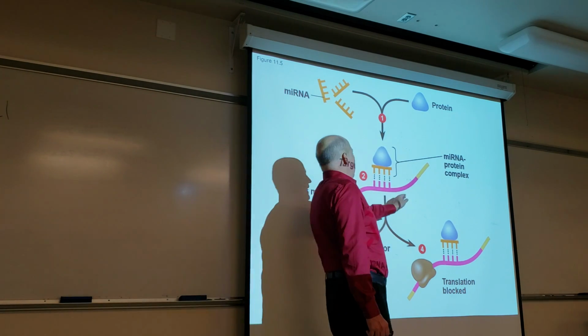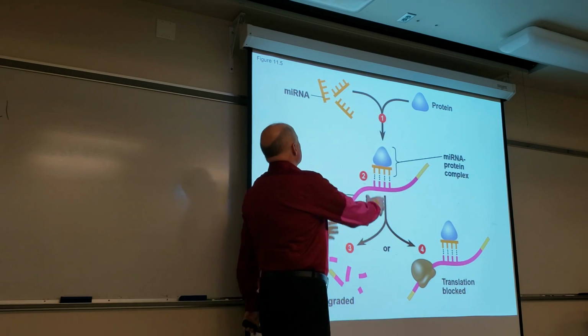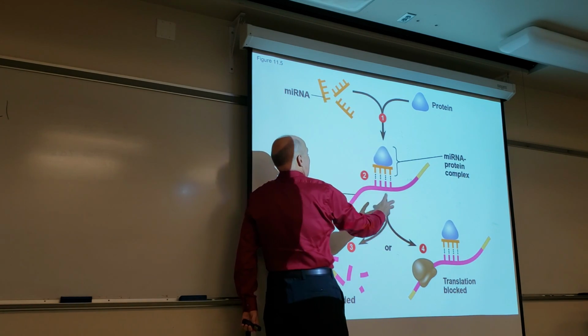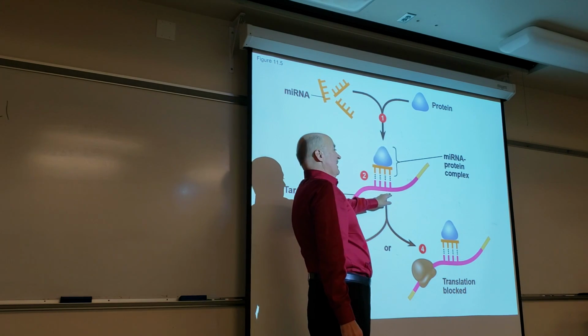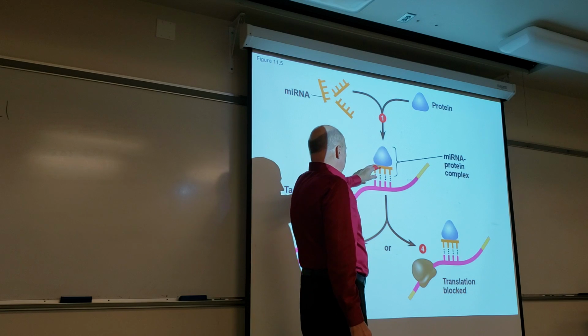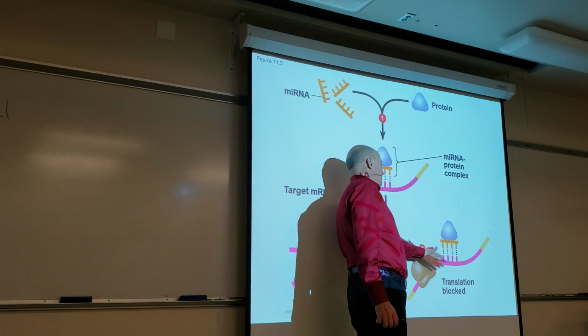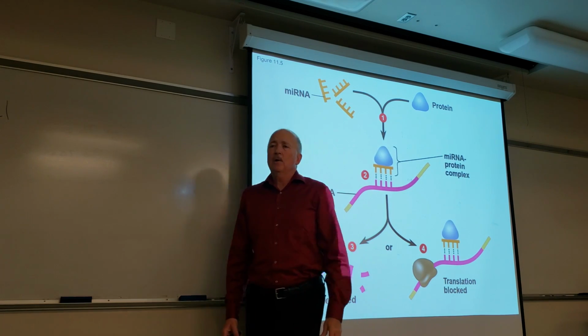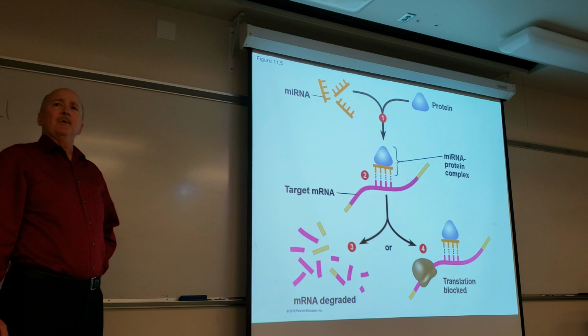If you already have a particular messenger RNA in the cell, the cell is able to make a microRNA that binds to a portion of that and targets this messenger RNA, possibly to be broken down, or else to be inhibited to prevent translation from occurring for a while until the cell is ready for the translation to occur.